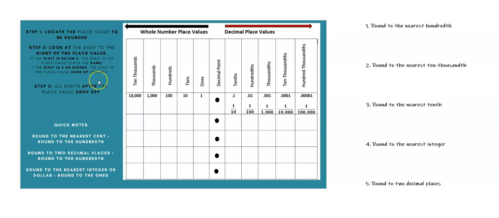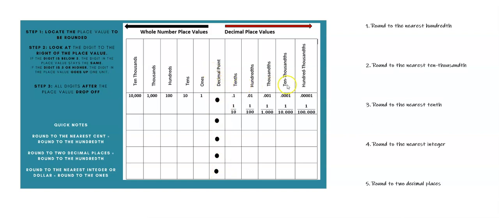So before we get to the examples we're going to work through using those 3 steps, I want to make sure that you all understand how our decimal place values look and how they correspond to fractional parts of a number. So this particular place value chart shows you, of course, the center of a decimal number will be the decimal point.